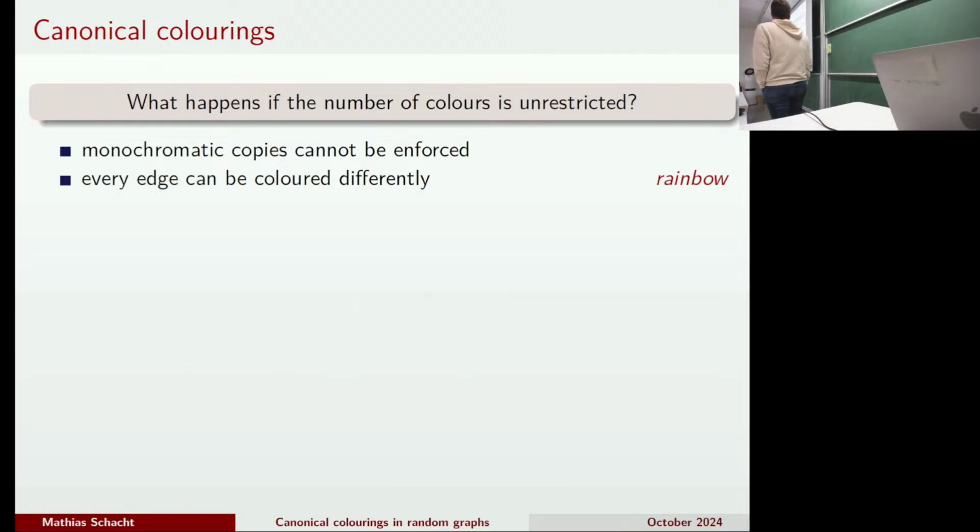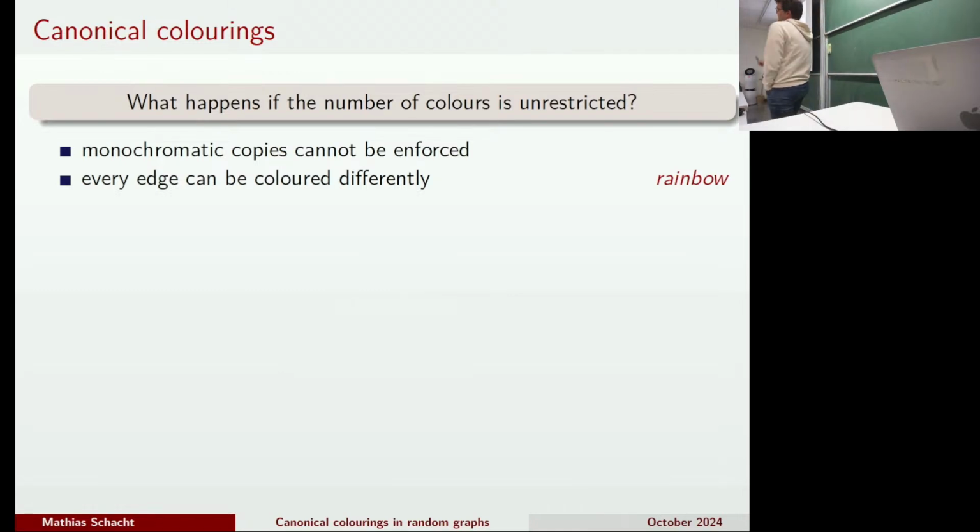There is something else you can come up with in order to avoid monochromatic copies and also to avoid rainbow copies. And that is basically you can order the vertices, and the first vertex decides the color of the edge. Let's say you order the vertices 1 to n, you want to color the edges of K_n, and if you have the edge ij and i is smaller than j, then the color of the edge is i.